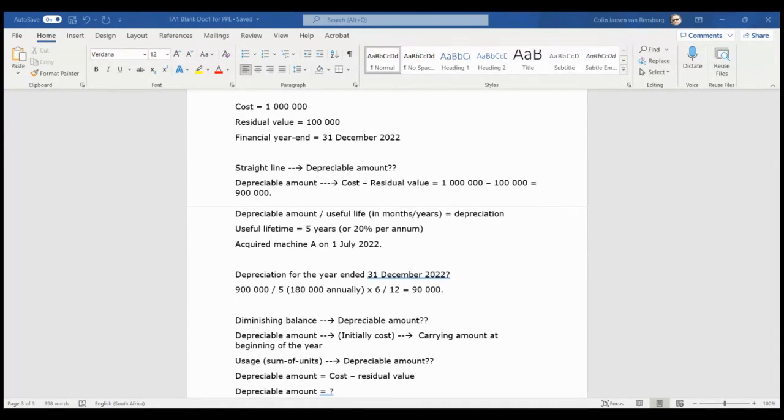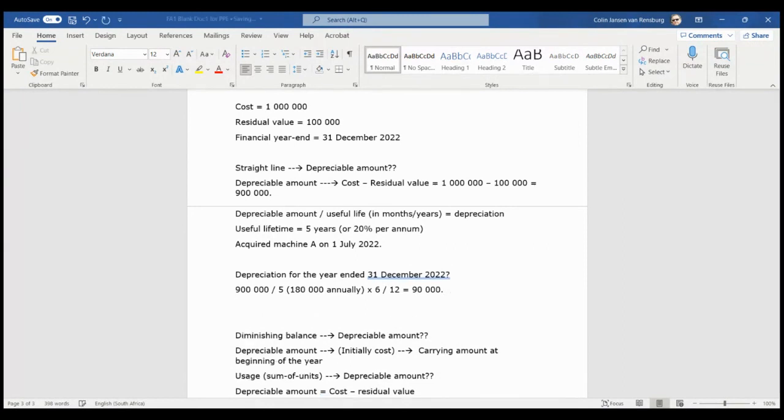Okay, there are a few alternatives, ladies and gentlemen. We're not going to have time to do the other two methods, so I might as well show you some other methods here that work out exactly the same. Alternatively, you could have converted that to months first and not years. You could also have said 900,000. How many months are there in 5 years, ladies and gentlemen? 60, thank you.